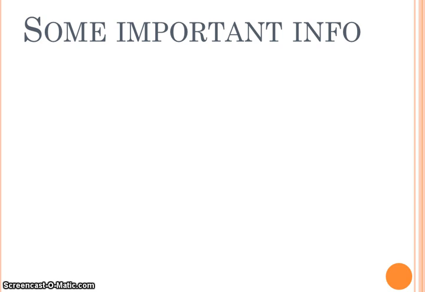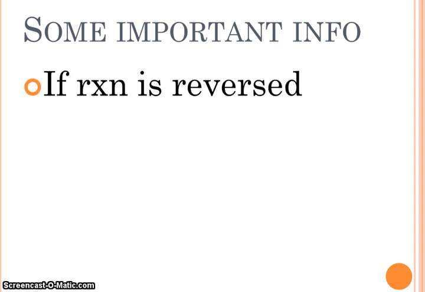Now, some important things that we should be aware of. If we were to take a reaction and reverse it, and we wanted to write the K expression and calculate the K value for the reverse reaction, we could plug in all the numbers and get the answer, or we could realize that we're just switching the reactants and the products, so we're taking the reciprocal of the original K value, and that would give us the K for the reverse reaction.